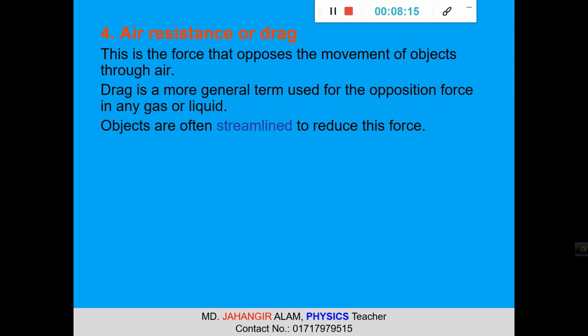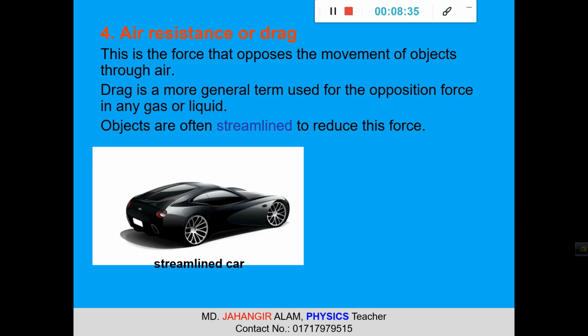So, what is air resistance? When any solid object moves through the air, molecules of the air give an opposing or resistive force against the direction of motion. That force is known as air resistance. It is a streamlined curve.